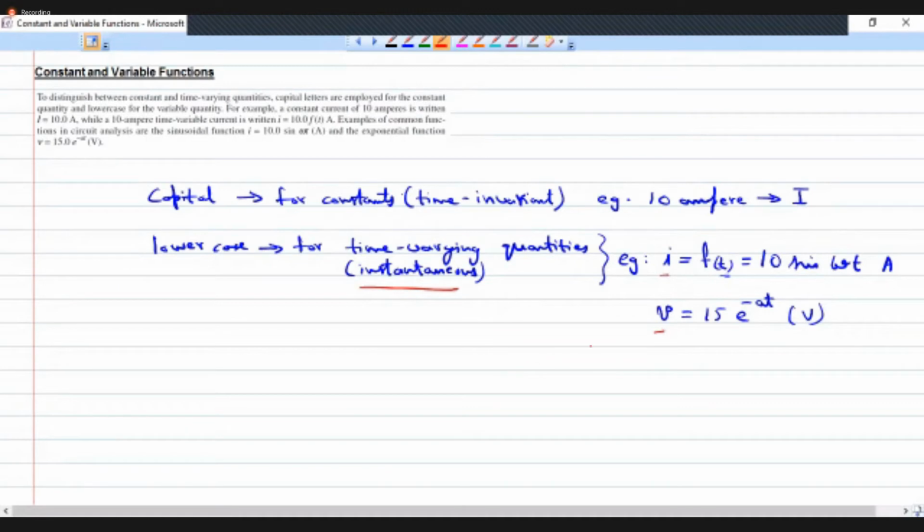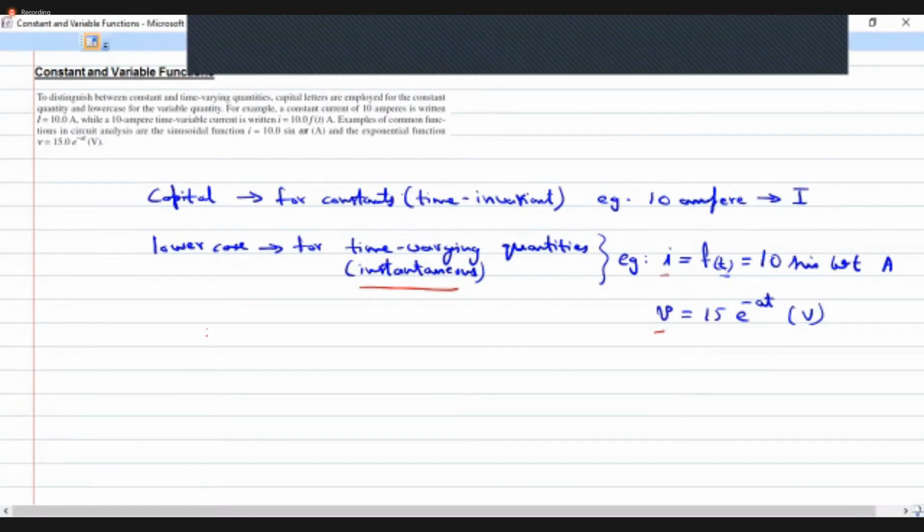So normally in DC, the quantities remain the same, right? The current or voltage is going to remain the same, so we use the capital letters. Another example is the power in DC.